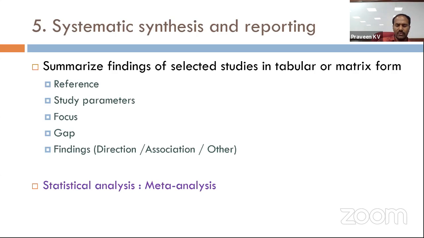In different formats we can show, but basically we are not proceeding into any statistical analysis in systematic review. We are just presenting the information collected, as per the focus of our study, to answer any gap that we have identified in the literature.